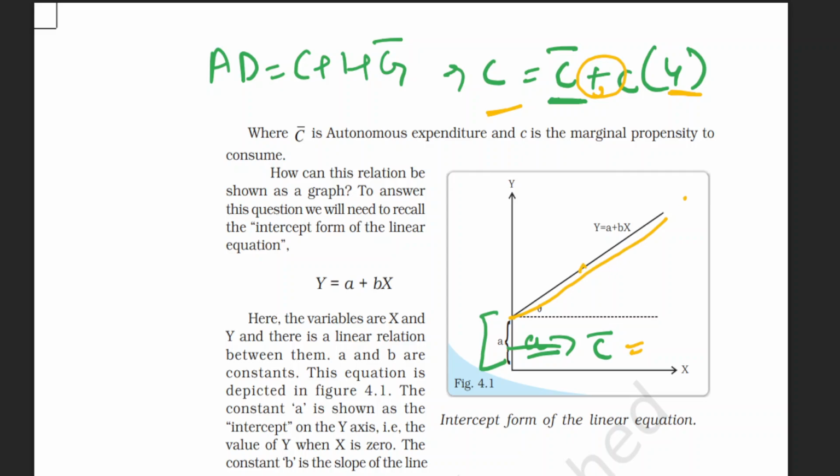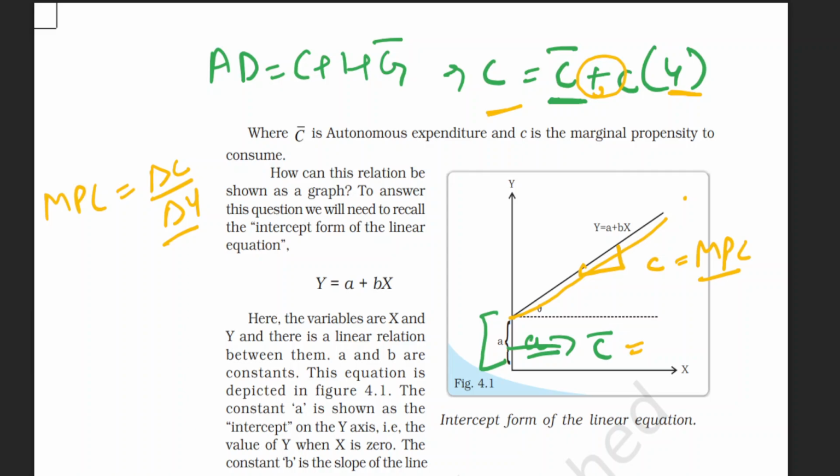The slope of this is this small c, which is the MPC. So whenever you have been told to find the slope of the consumption function, it is basically the MPC, and I have told in my earlier videos how to calculate the MPC. I am telling you once again, the MPC is the change in C divided by the change in Y. It shows you the change, so it is the slope.